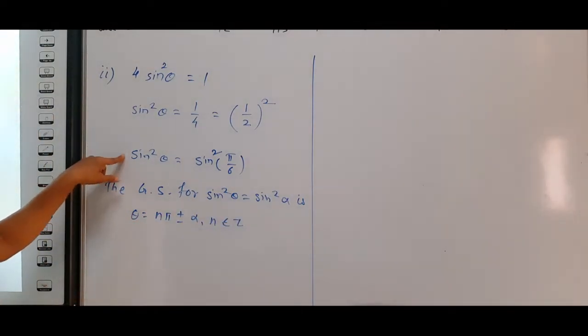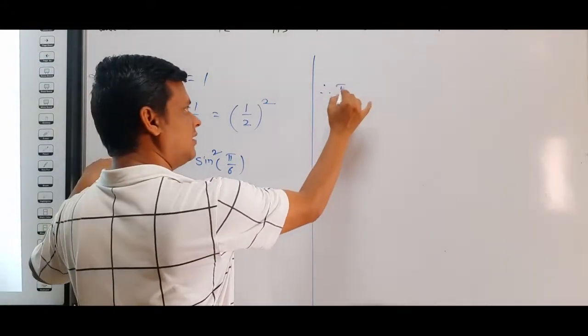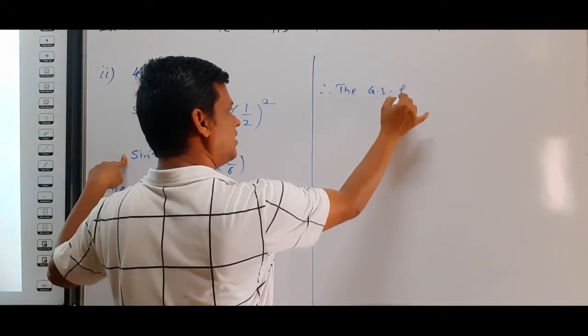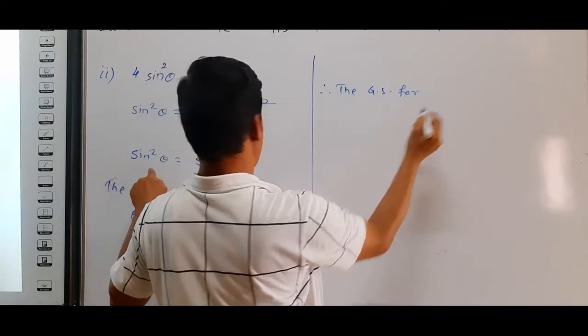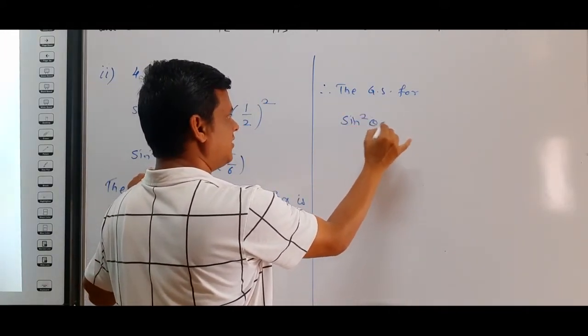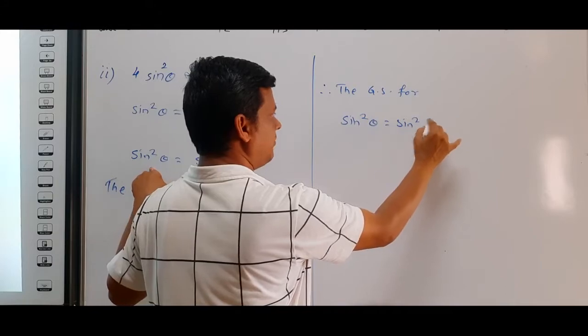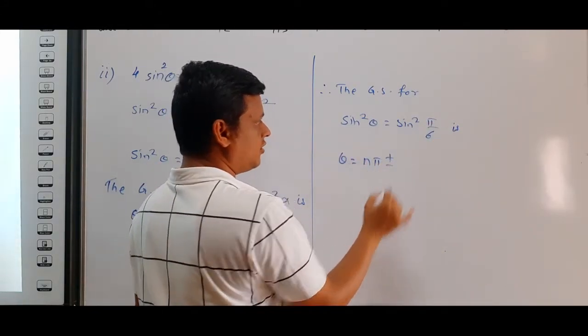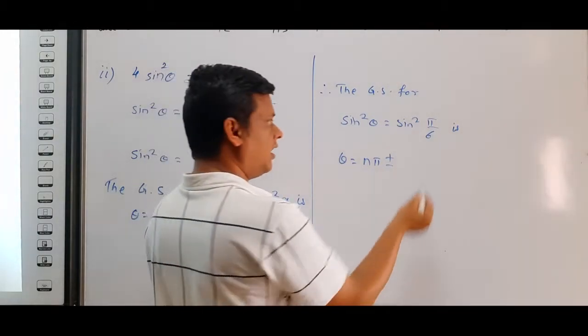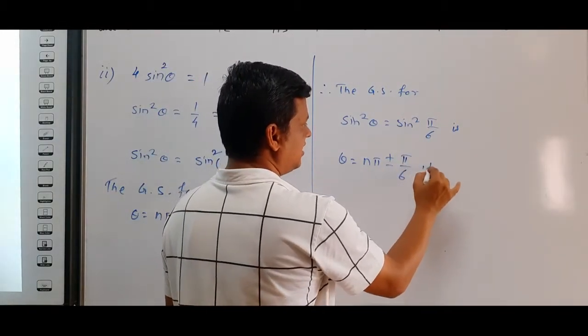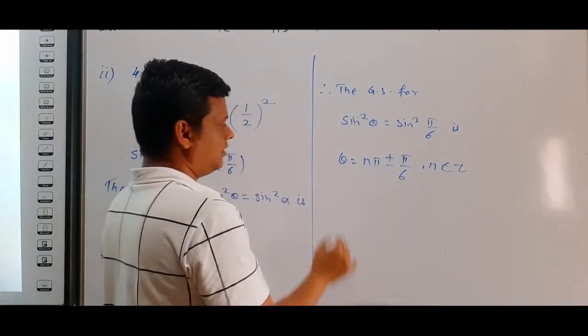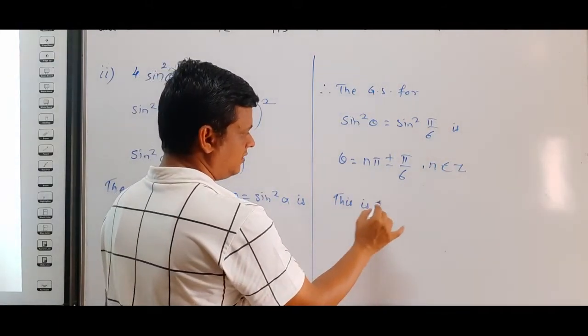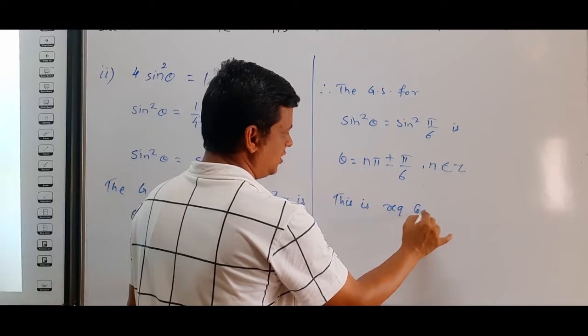Therefore the general solution for sin square theta equal to sin square pi by 6 is theta equals n pi plus or minus pi by 6, n belongs to z. This is the required general solution.